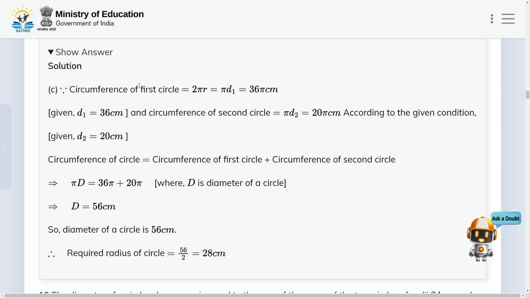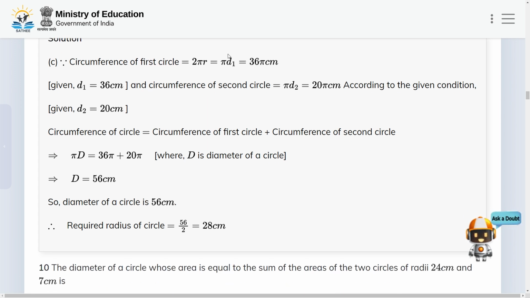So since circumference of the first circle is 2 pi r, that is actually equal to pi times d1, and this is equal to 36 pi centimeter. Here given d1 is equal to 36 centimeter, and circumference of second circle is equal to pi times d2, that is equal to 20 pi centimeter.